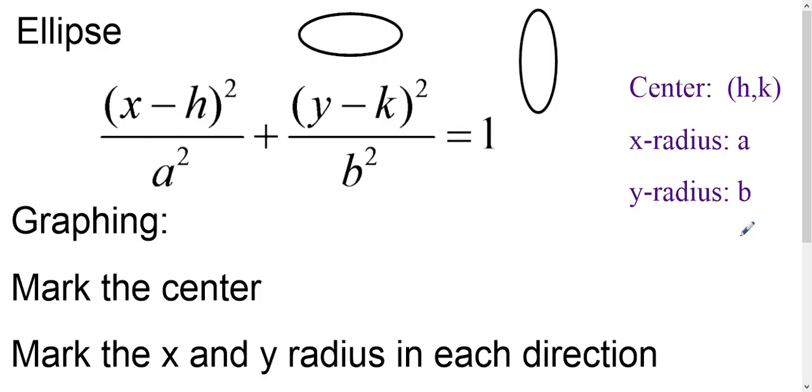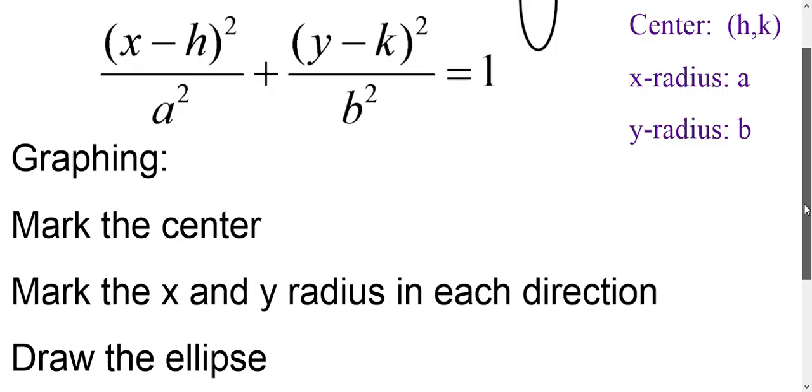When you're measuring in the y direction, you'll use b, which is underneath the (y minus k) squared. So it's pretty easy to remember that the x radius is under the x and the y radius is under the y. You just have to take the square roots, just like with circles.